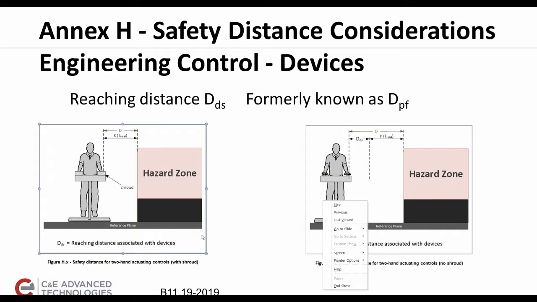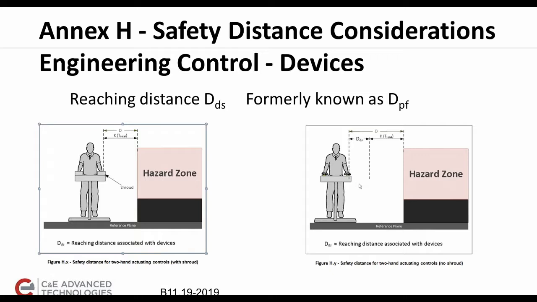A typical example here is a two-hand anti-tie-down scheme with shrouds, and the safety separation distance is based on the stopping time, or the time that it takes for the hazard zone to reach a safe state after the nearest button has been released.